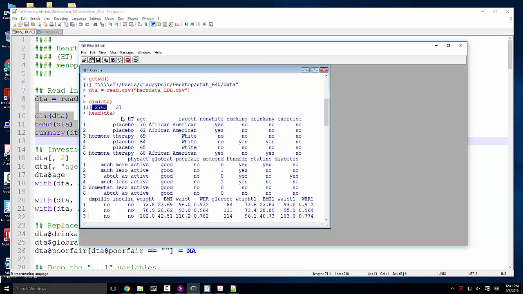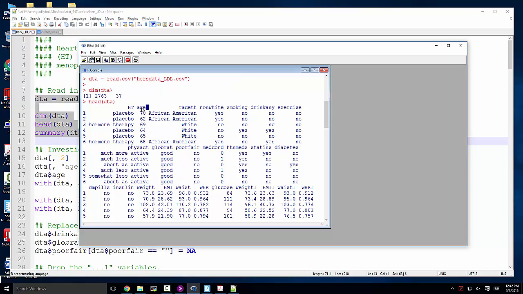These are postmenopausal women. We have 37 variables, and for each individual we have their treatment, whether it was control or hormone replacement therapy, and several other categorical variables like the race and yes or no, are you non-white, yes or no, do you smoke, do you drink, and so on. And then we also have some numerical variables, age and BMI and so on.